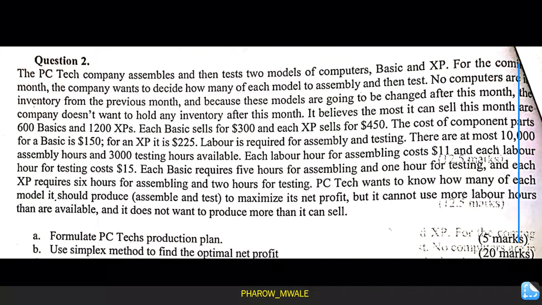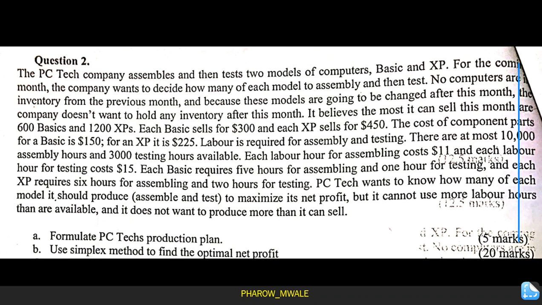So the question reads: the PC Tech company assembles and then tests two models of computers, Basic and XP. For the coming month, the company wants to decide how many of each model to assemble and then test.